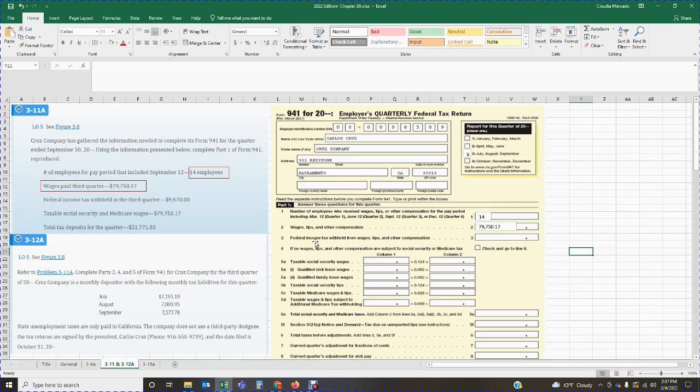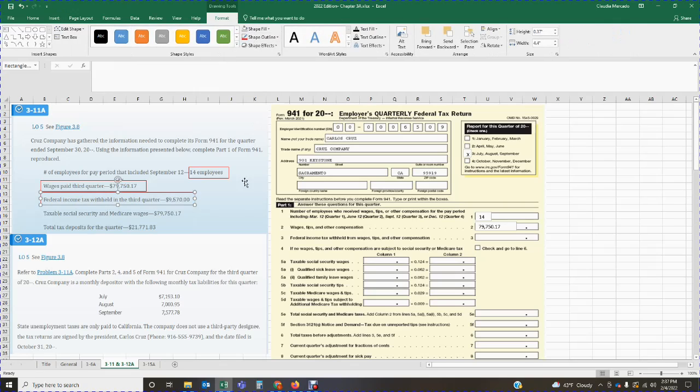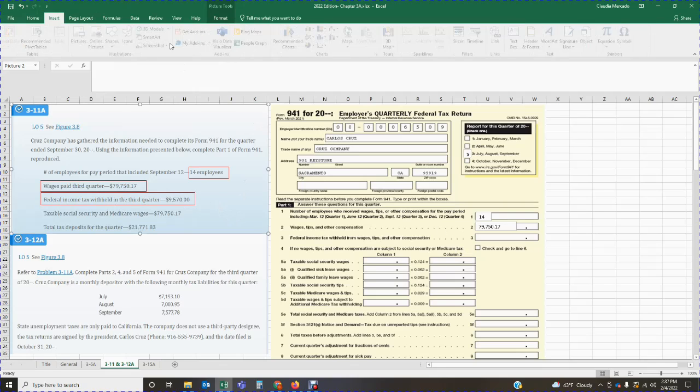Line number 3, federal income tax withheld from wages, tips, and other compensation. That information is also provided in the problem. The federal income tax is provided. Okay? And the amount of federal income taxes for the third quarter was 9,570. Okay?